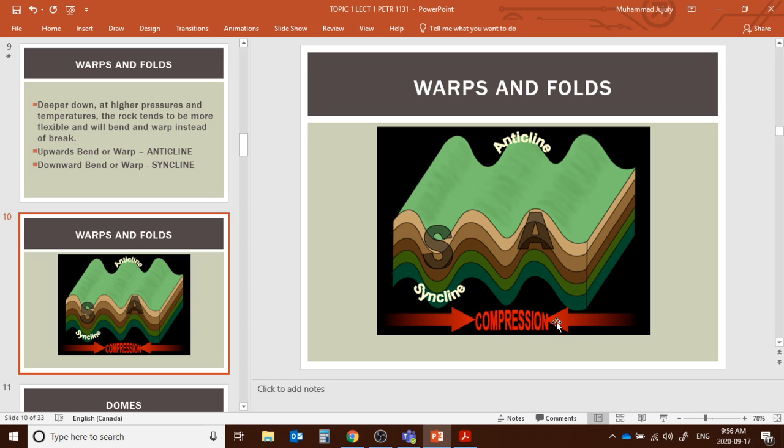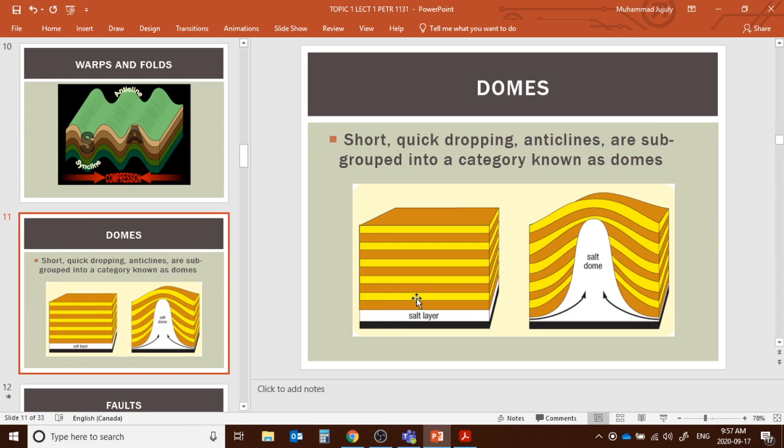Here. So this is the compression. The layers of rocks under the earth form this anticline or syncline formation due to the compression. Now just remember anticline and syncline.